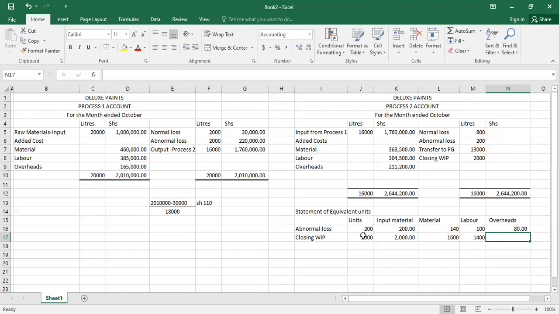The percentage is 50. So 50% is 1000. So we have that. Then let's now pick the transfer to finished goods.